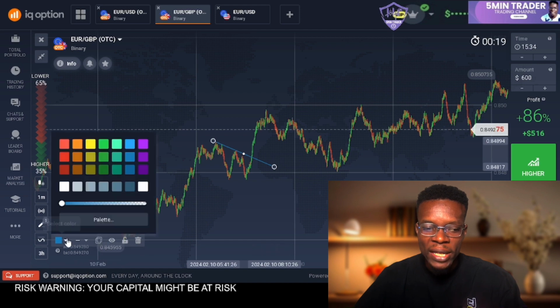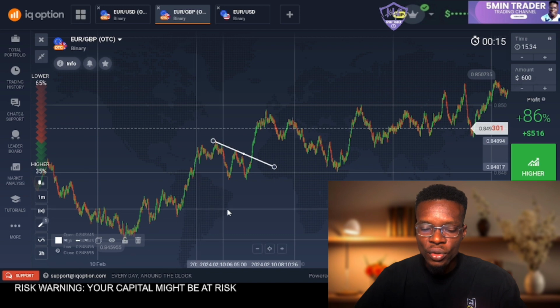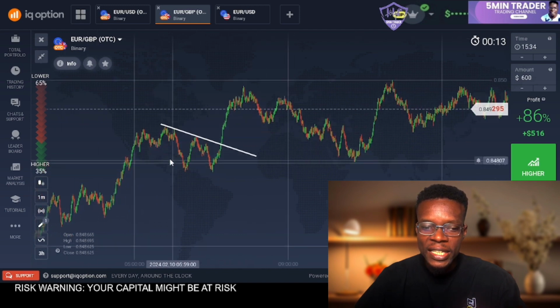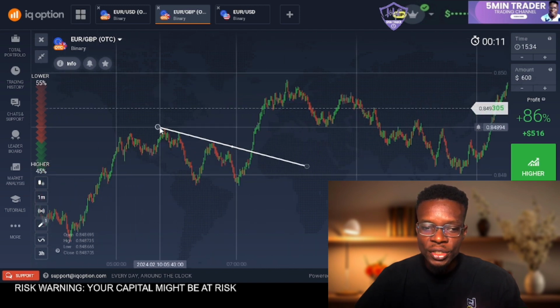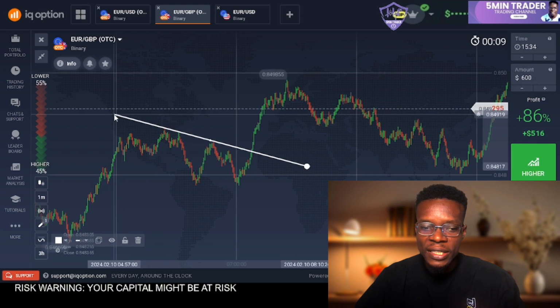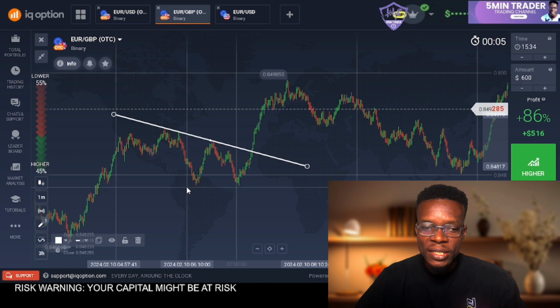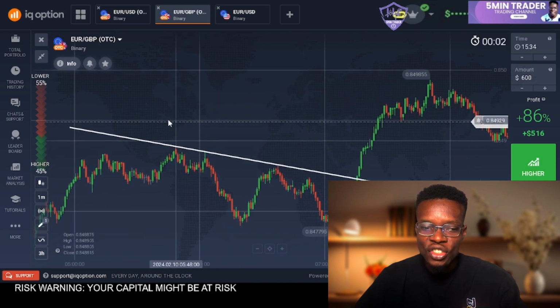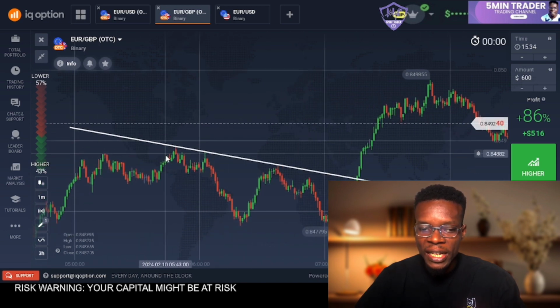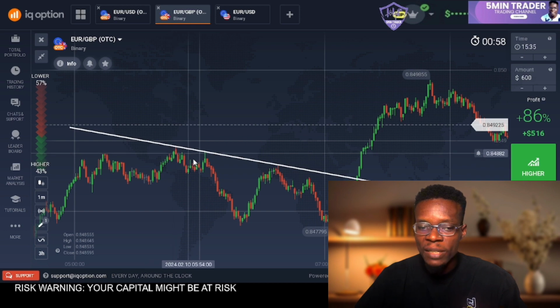Now I can make this white, and I can also make it bold so you can see. So you can see that this is on the minor retracement phase. You can see that this is the minor phase of the trend, and the structure is very clear that this trend line has been respected multiple times.